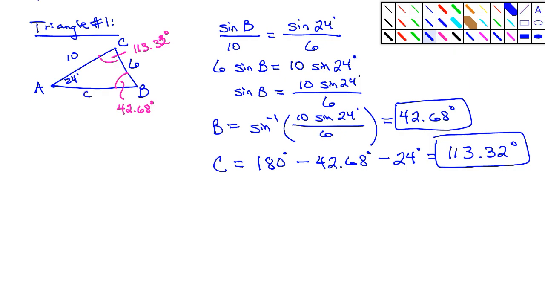So let's find side c. So we're going to have sine of 24 degrees divided by 6 is equal to the sine of 113.32 degrees divided by little c.